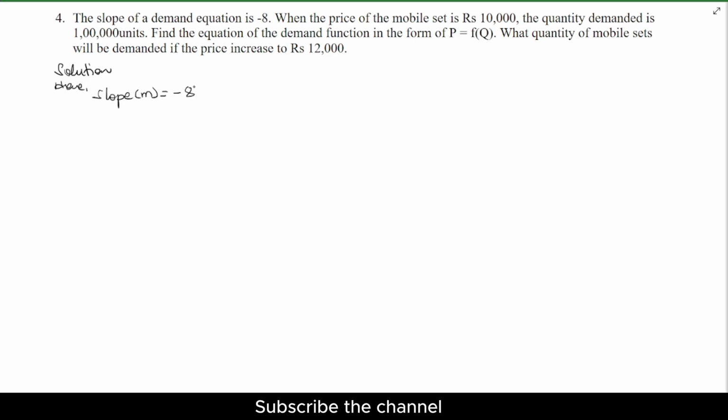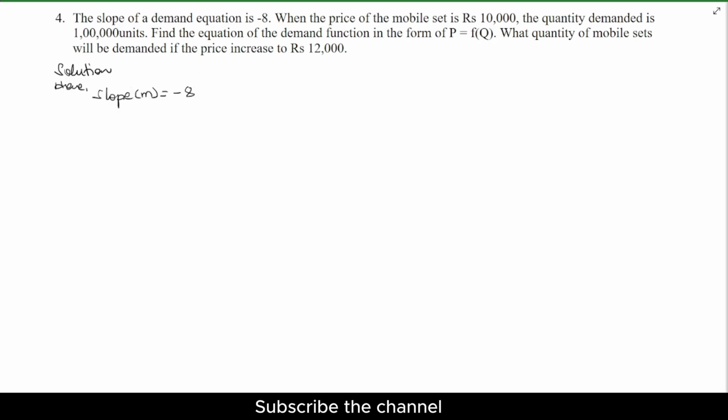When the price of the mobile set is rupees 10,000, the quantity demanded is 1 lakh units. Find the equation of the demand function in the form of p equals a function of q.